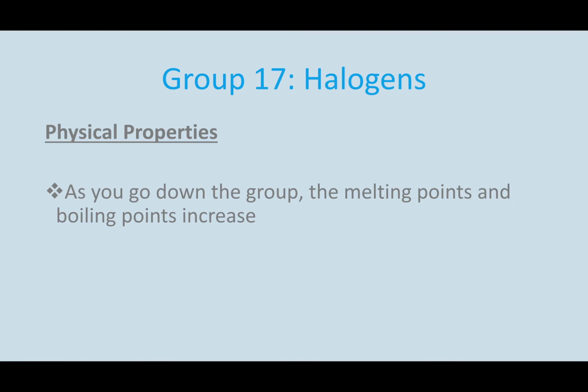If it's a gas, the boiling point is very low. Same with a solid compared to a liquid. A solid has a higher boiling point than a liquid because the liquid is already melted or turned into a liquid. So as you go down, the melting points and the boiling points increase.